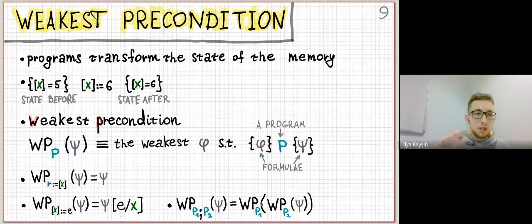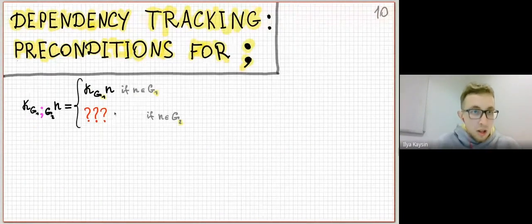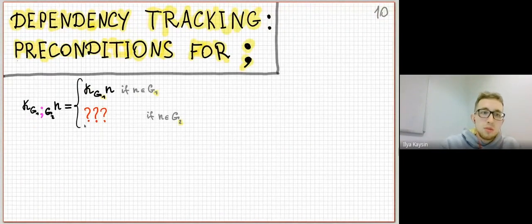Okay, so that was a digression. Let's come back to our goal. Let me remind you that we need to define kappas, our preconditions, for the case of sequential composition of two graphs, where we take a node from the second graph.